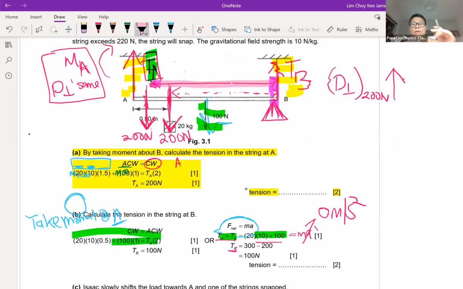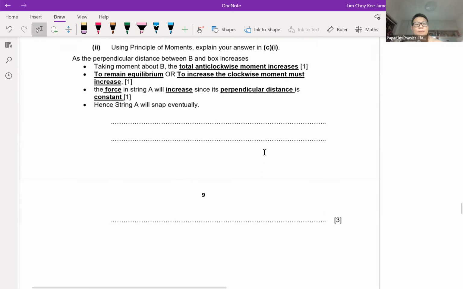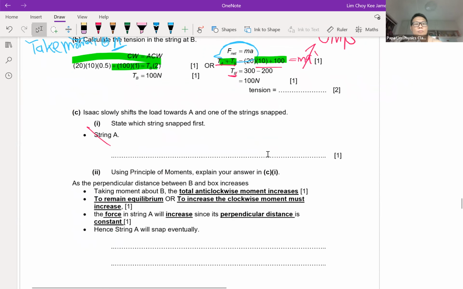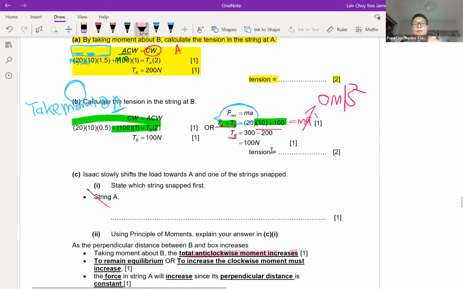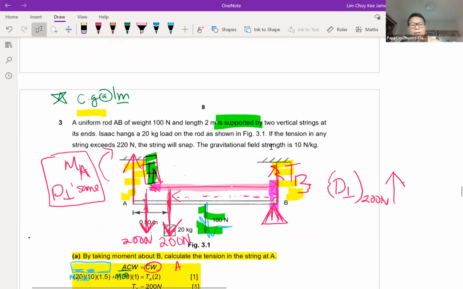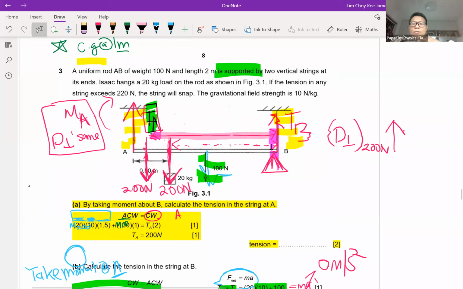So you'll find that as my 200 Newton shifts towards A, my anti-clockwise moment actually increases. As I move the 200 Newton further away, towards A, its perpendicular distance increases.